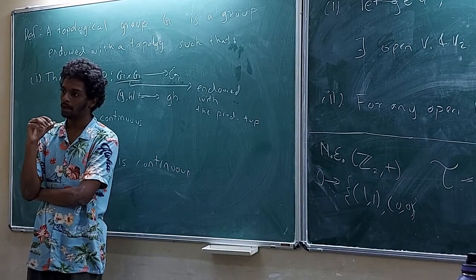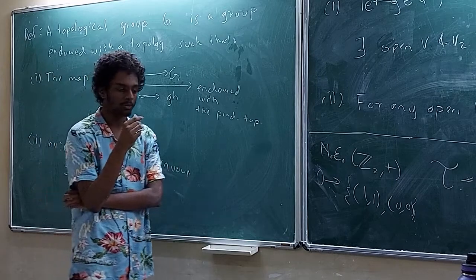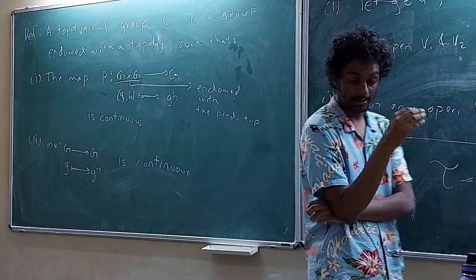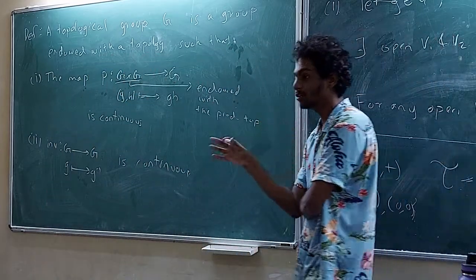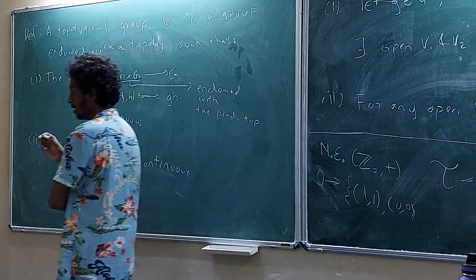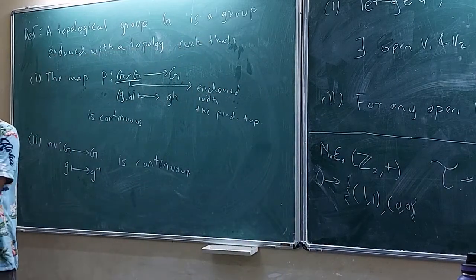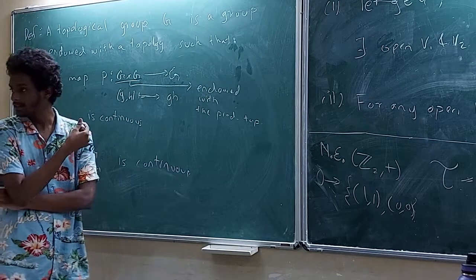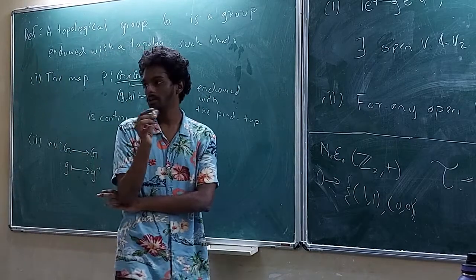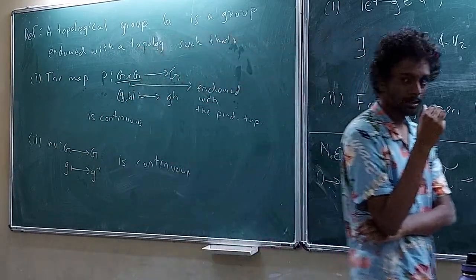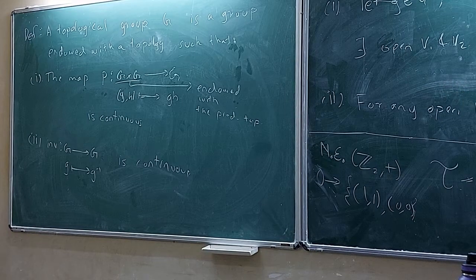Because I'm not seeing how the topology naturally has anything to do with the product and inverse. I think we'll try that out later. I still think the inverse will be tricky.